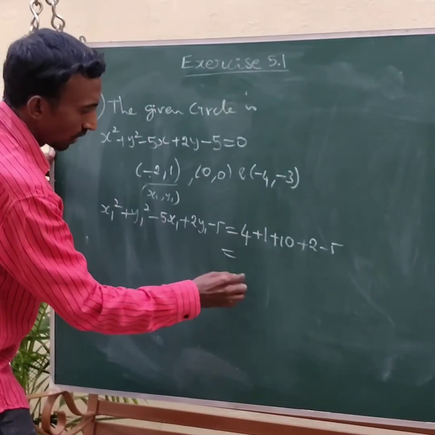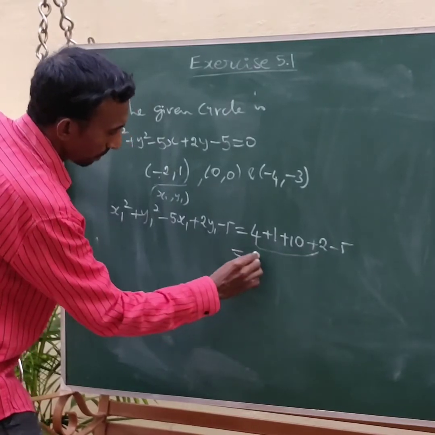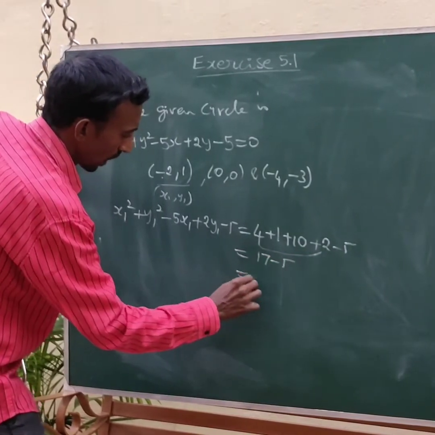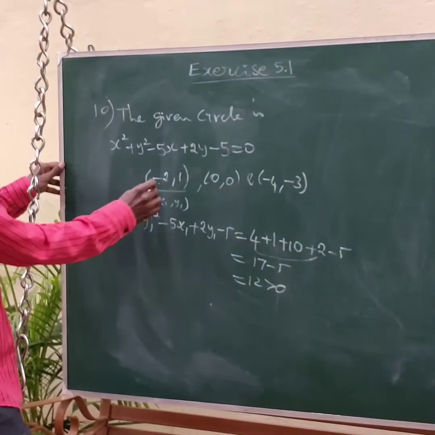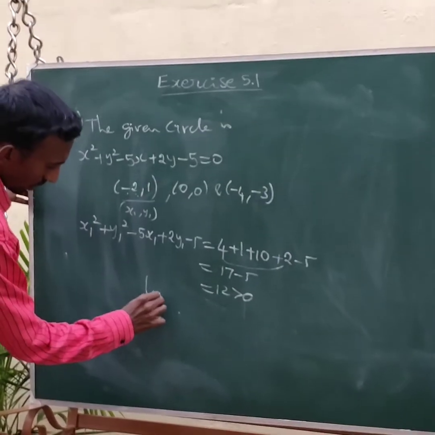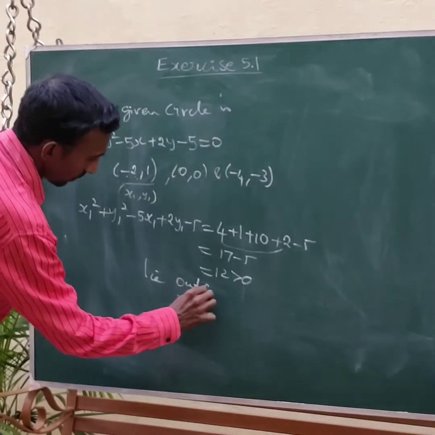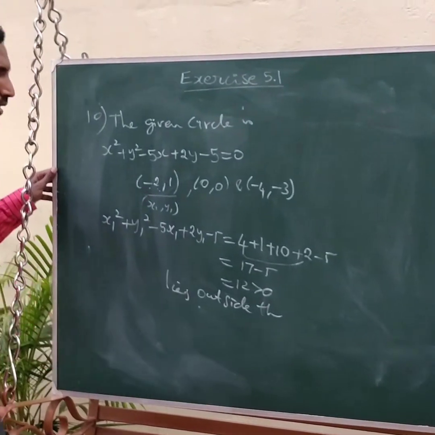So the value is, what is the total? 17 minus 5, 12, which is greater than 0. Therefore, the point (-2, 1) lies outside the circle.